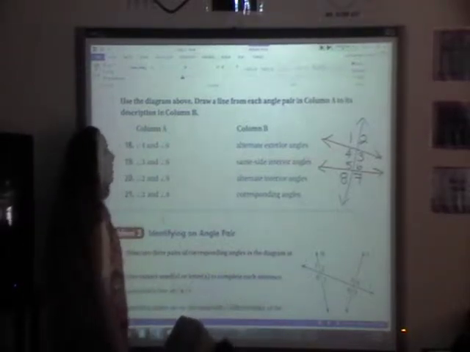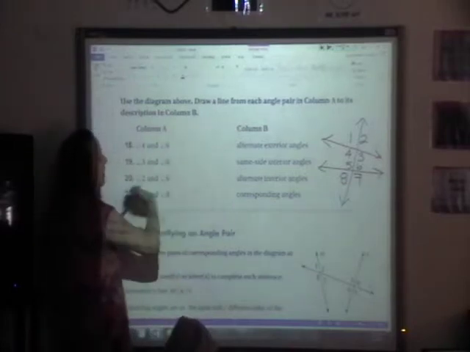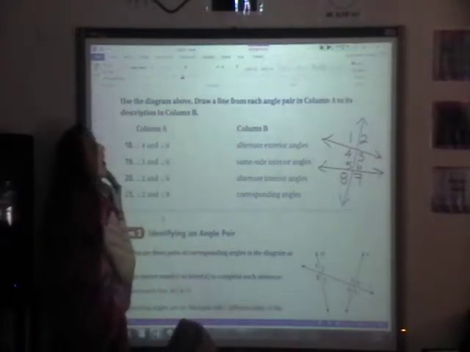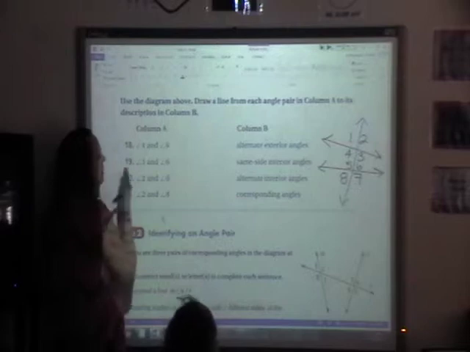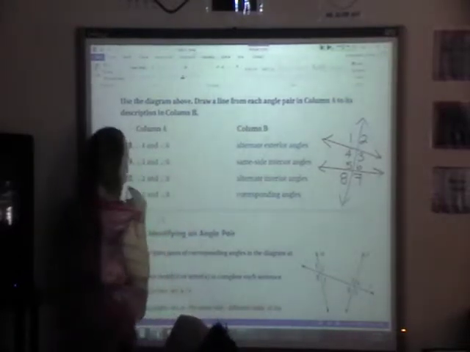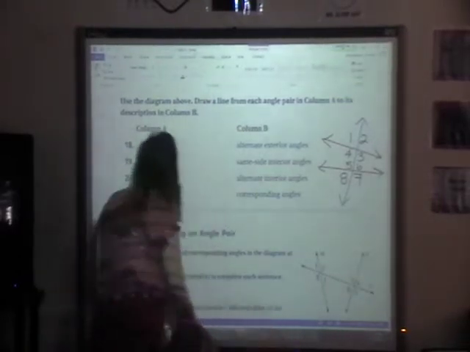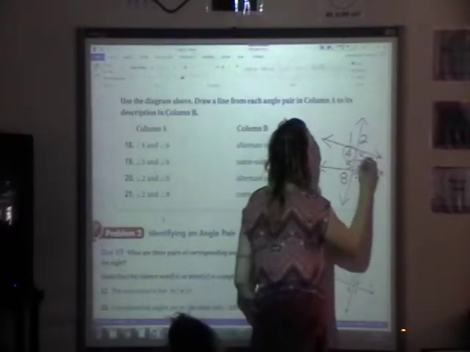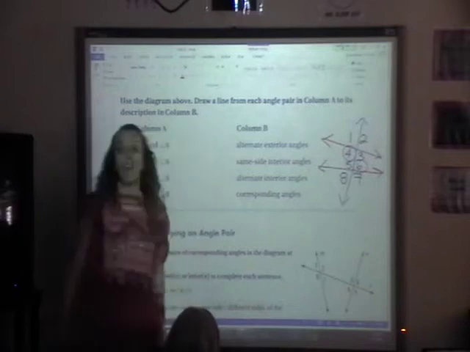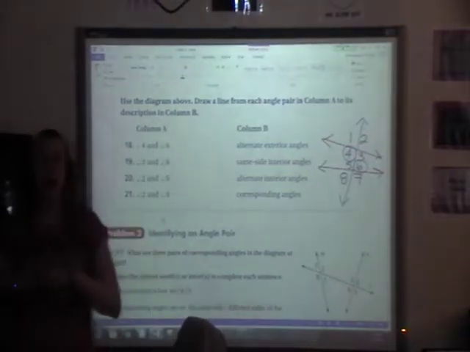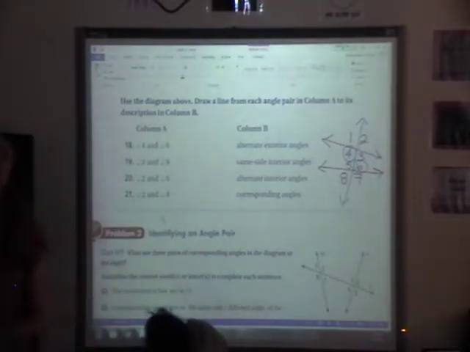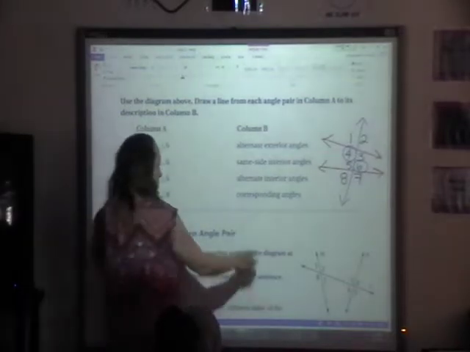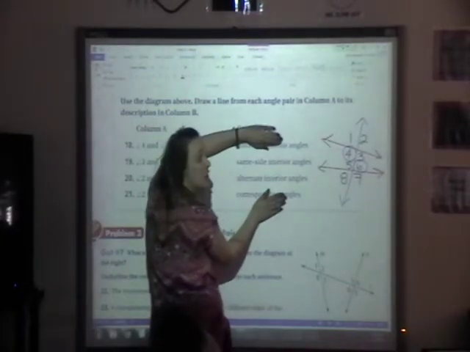So, we're ultimately going to be drawing a line to match the correct angle with the correct description. It says 4 and 6, so I'm going to circle my 4 and circle my 6. First off, are those lying inside or outside? Inside. So we can get rid of anything that doesn't say interior.